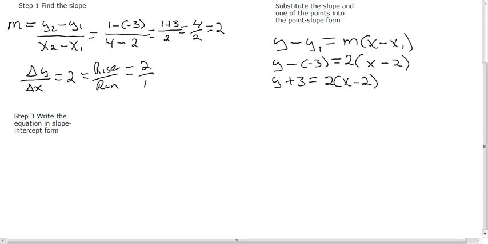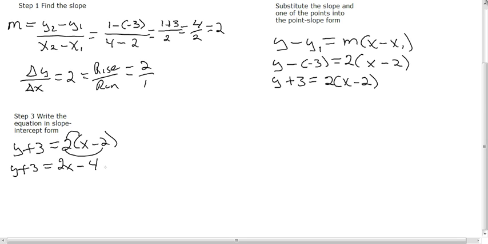So we will have y plus 3 is equal to 2 times x minus 2. Okay, so let's go ahead and use our distributive property on the right side. So that's going to be 2 times x and 2 times negative 2. So here we have y plus 3 is equal to 2x, and 2 times a negative 2 is a negative 4.